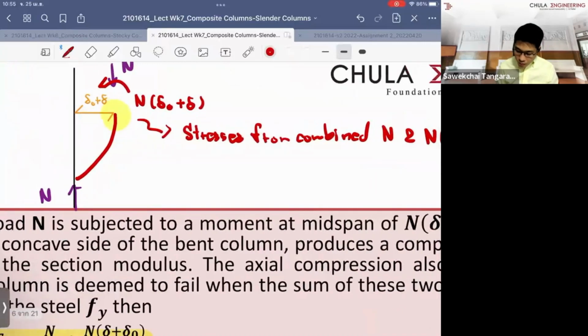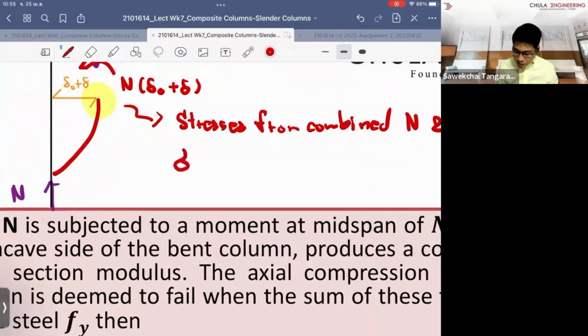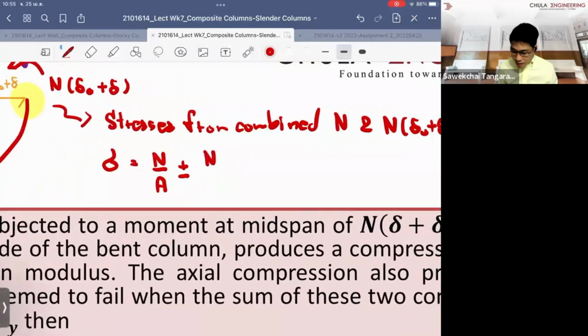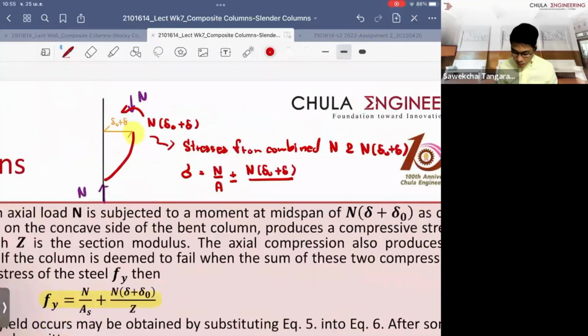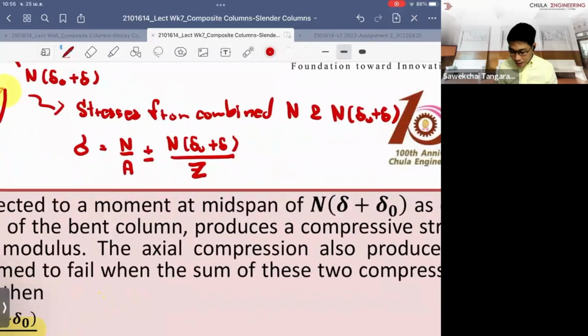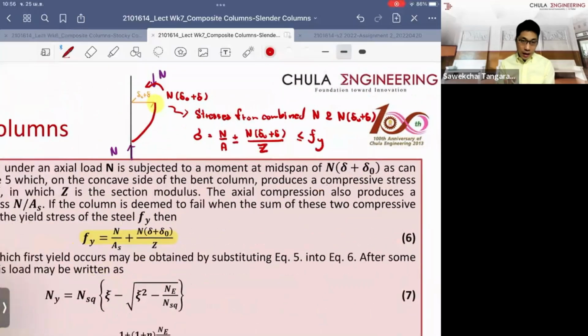So the elastic stress is N over the area plus and minus the bending moment over C. And I'm saying that this has to be less than or equal to fy. That's why we're saying this is the elastic limit, when it just reaches fy.